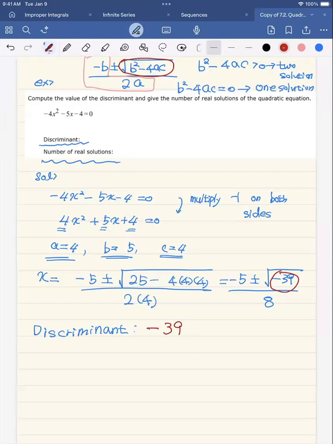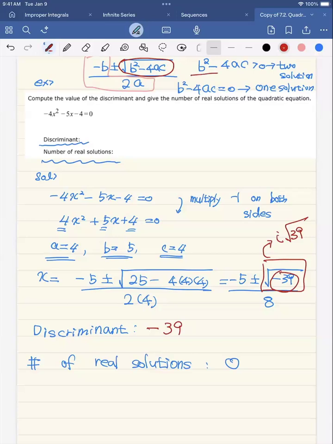And in this case, the number of real solutions is 0, because this part will be rewritten as i times square root of 39. If the discriminant is strictly greater than 0, then there are two solutions.